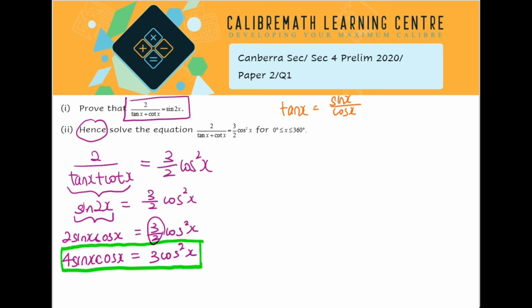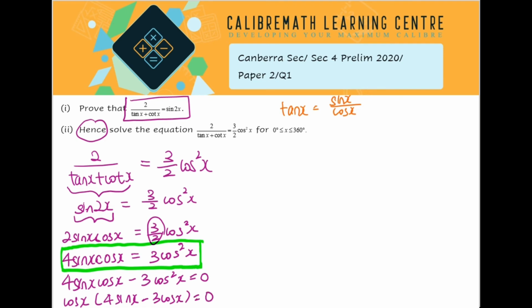So you will get 4 sine x cosine x minus 3 cosine square x equals 0. And then since you have a common term cosine x, we're supposed to take out the common factor. So we will get cosine x as the common factor, and we'll be left with 4 sine x minus 3 cosine x inside the bracket.